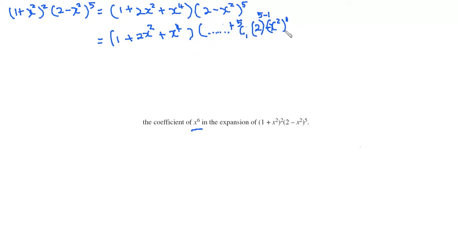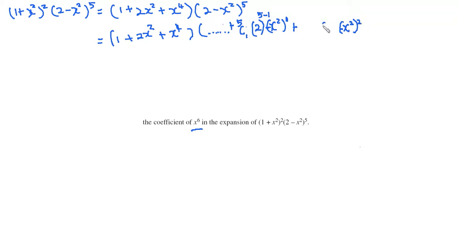Okay, now let's look for the next one, which is x to the power of 4, so that you can multiply with the x to the power of 2 here. Now, the b is minus x^2. So to generate this term with x to the power of 4, it is b to the power 2.